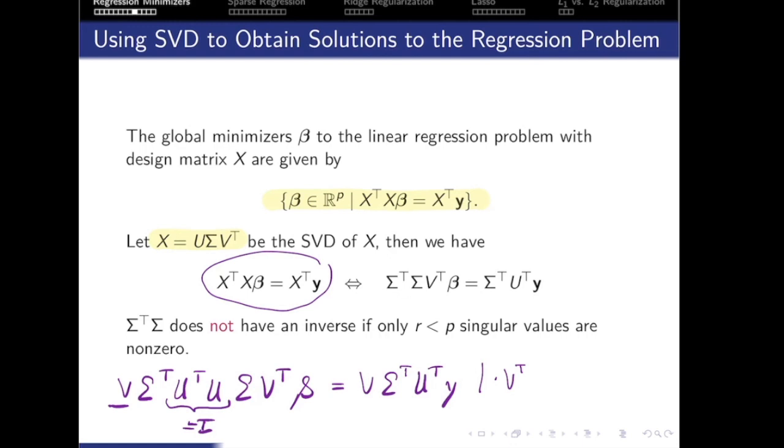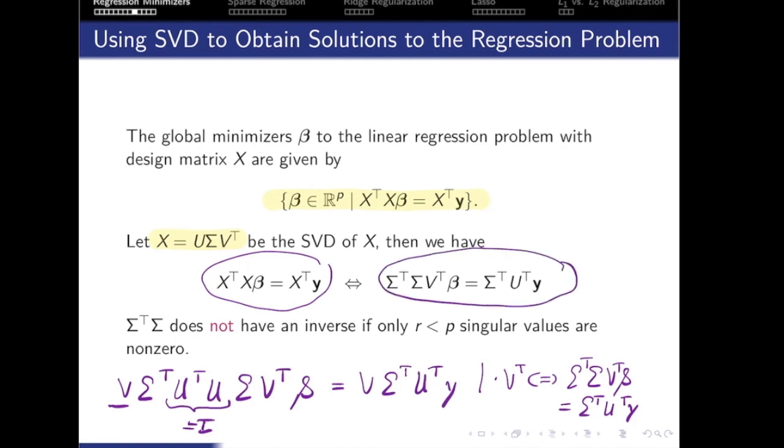So if we multiply with V transposed from the left, then we have the equation sigma transposed times sigma times V transposed beta is equal to, here we have now V transposed times V on the right. So this is the identity matrix, and then we have our left sigma transposed times U transposed times Y. So this is what is standing here.